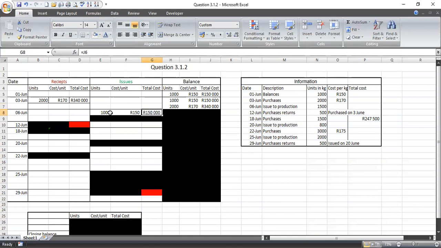150,000. So the transaction on the 6th is not complete when we have issued 1,000 units, because it requested that we issue 1,500 units. So from the 1,000 units that has been issued, an additional 500 units have to be issued to fulfill the request of 1,500 units.